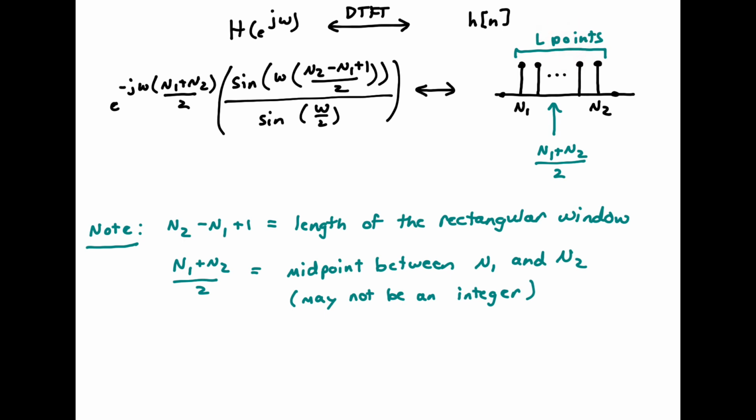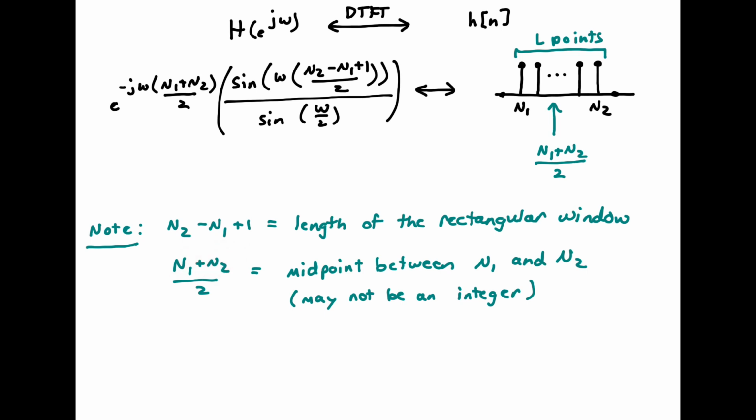And then over here we have this complex exponential, a phase term, that's a function of (n1 plus n2) over 2, right? Well, (n1 plus n2) over 2 is the midpoint between n1 and n2, which may or may not be an integer. It depends on what n1 and n2 are equal to.